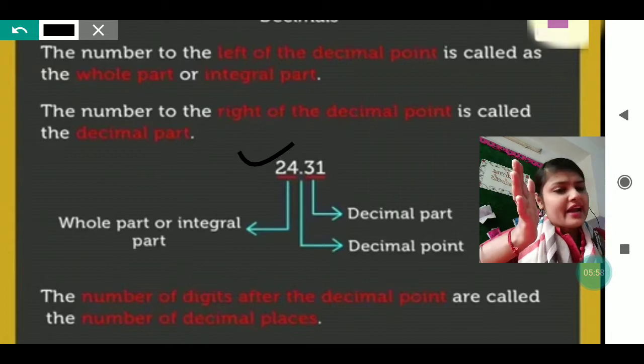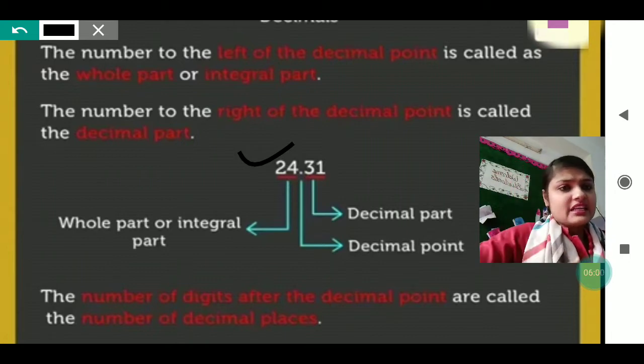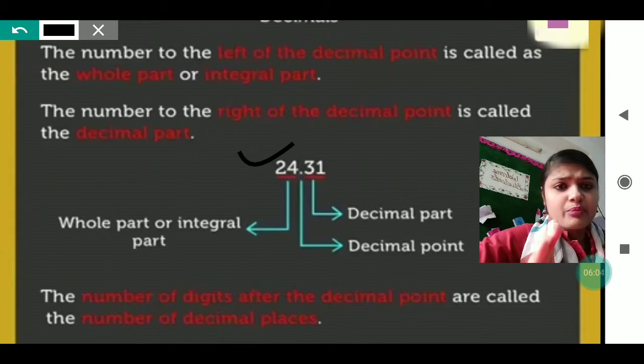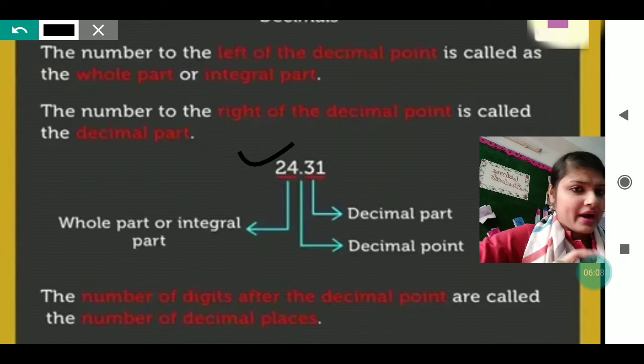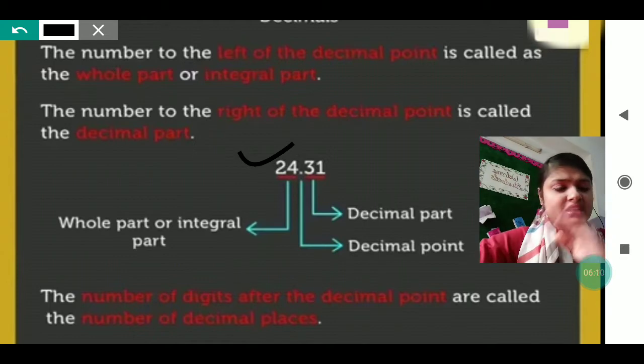Whereas the number to the right of the decimal point is the decimal part. Means this side is the decimal part, where this side is the whole number, or we can say the integral part. Okay, the dot which we put in between these two numbers, the left side and right side, that is called a decimal point.